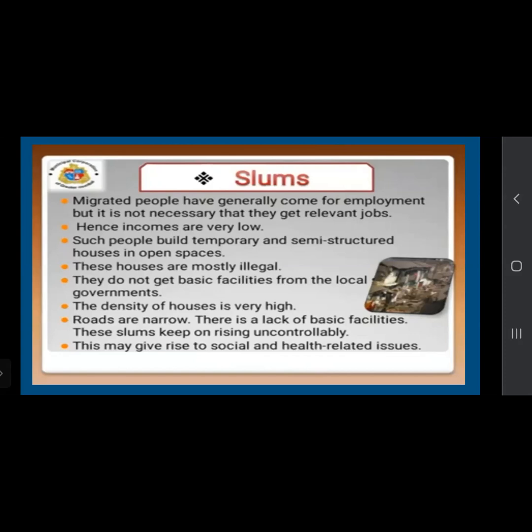If any epidemic disease is there, in such areas it mostly spreads. Why? Because there is no ventilation and no space between the houses. So it is very easy to transfer the disease.